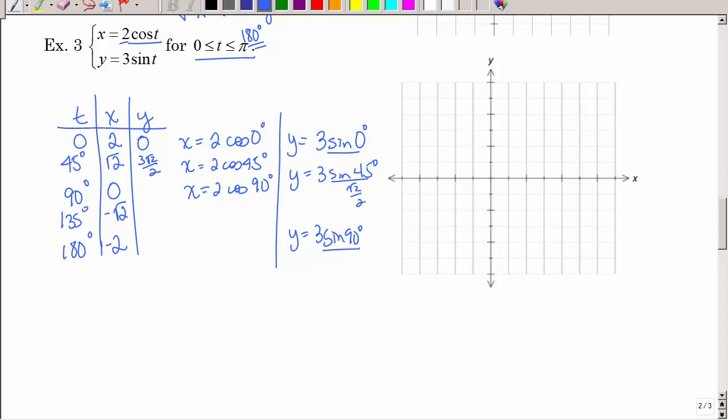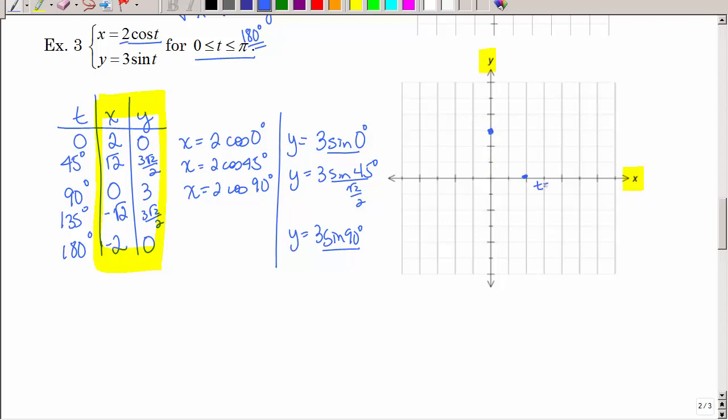The sine of 90 degrees is 1, times 3 is 3, and keep going. I'm going to get those values. So again, I want to graph those on my xy coordinate system. Well, let's first just graph the ones I can graph. So I know (2, 0), (0, 3).